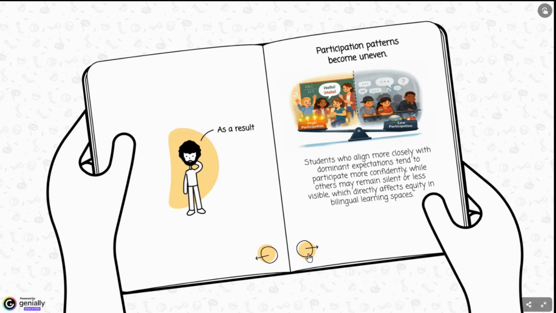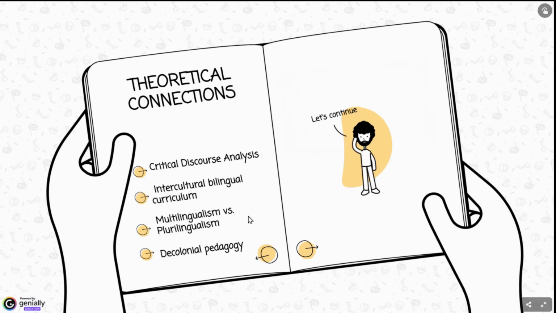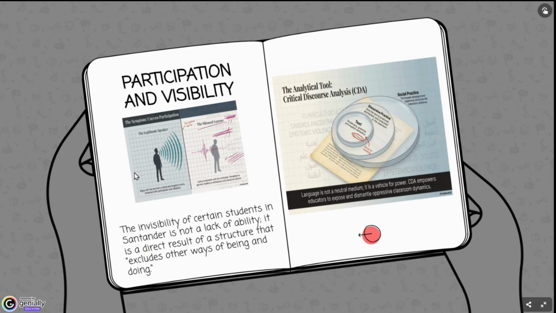The first theoretical lens we use is critical discourse analysis. From this perspective, everyday classroom language practices can privilege certain ways of speaking and participating over others. In our context, this helps explain why some voices are more present while others remain less visible.